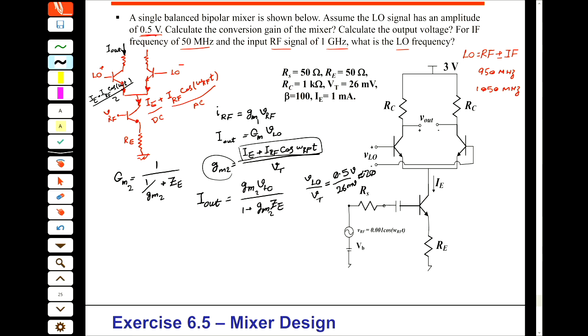No, actually, it should be only IE. You mean that I should not put this part, yeah? And it should be divided by 2 because there is a differential input. Yes, you are right. Actually, you are right.